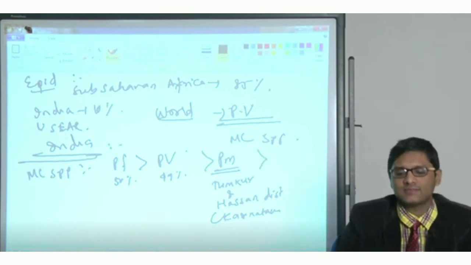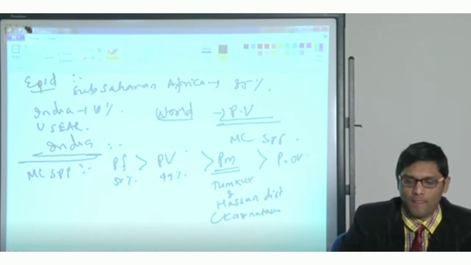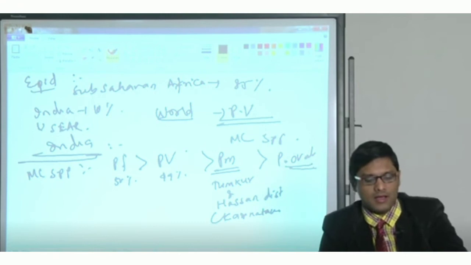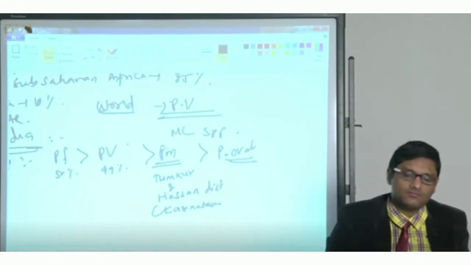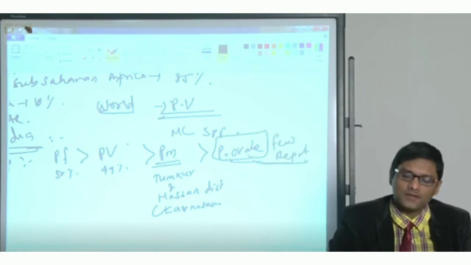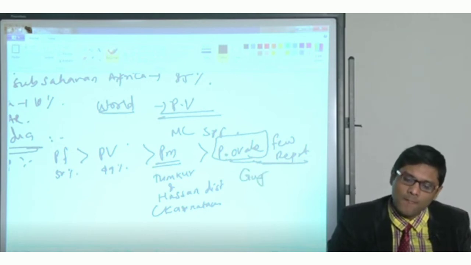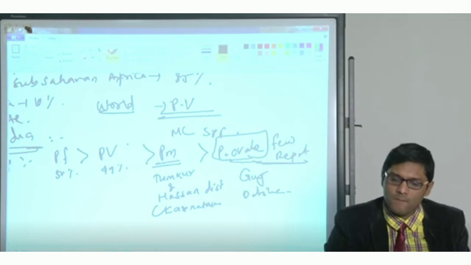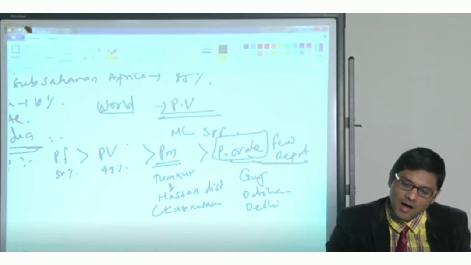And the rarest is Plasmodium ovale. They say that very few reports are there in India. Those places are Gujarat, Odisha, Delhi, Assam.